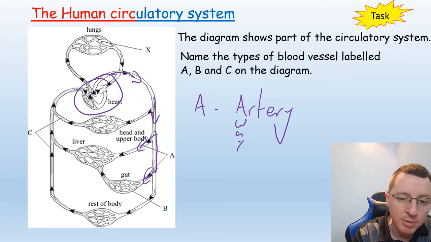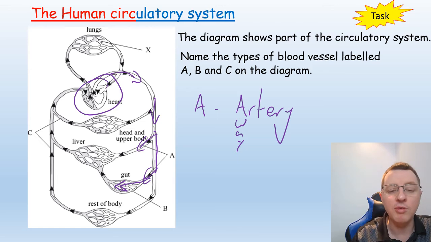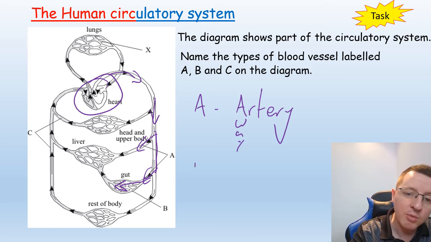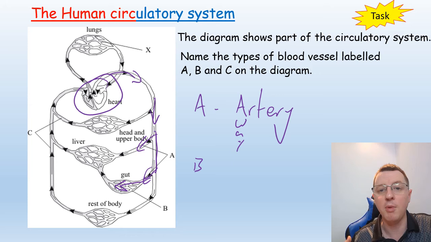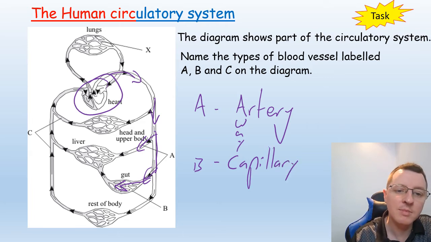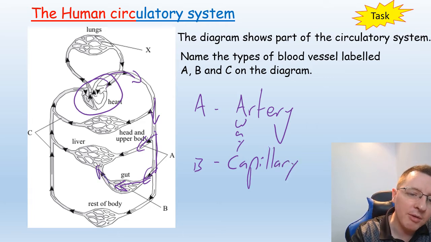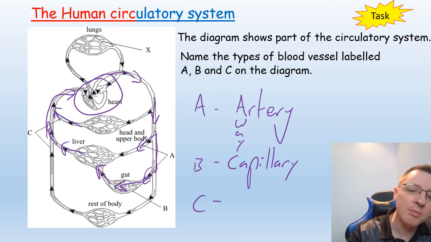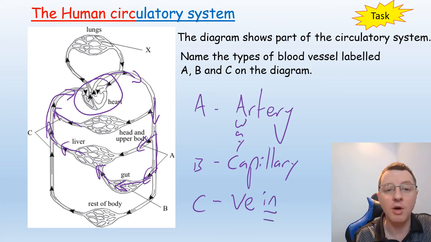And if we follow that blood flowing around, it flows in this case straight through the gut, where we've got the smallest of our blood vessels, where the blood is changing from oxygenated to deoxygenated, so that will be a capillary. And then following the arrows on the diagram, the arrows are now travelling back up towards the heart, where we have our blood vessels C. So C must be a vein because the blood is flowing into the heart.